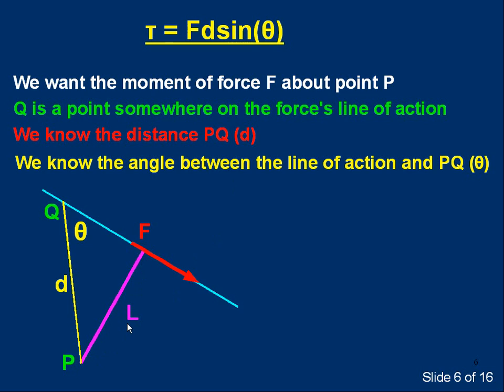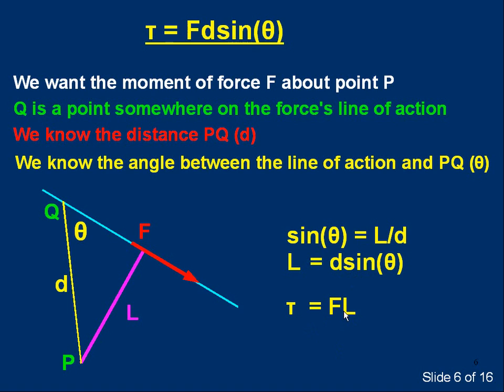That's L. Of course, the moment is simply F times L. But we know that sine theta is L over D. Right angle triangle: sine theta is the opposite, L, over the hypotenuse, D. So L is D times sine theta. The moment is F times L, so we substitute for L and get that the moment is Fd sine theta. That's the proof of the formula, if you like.